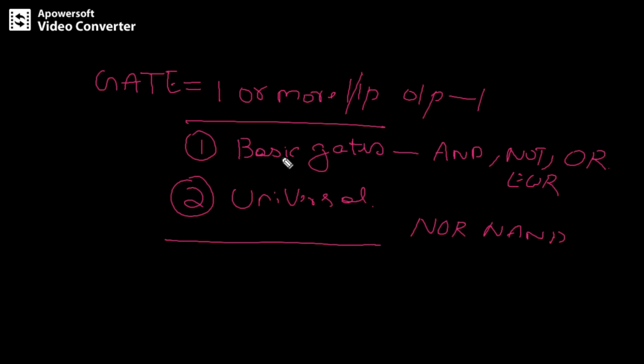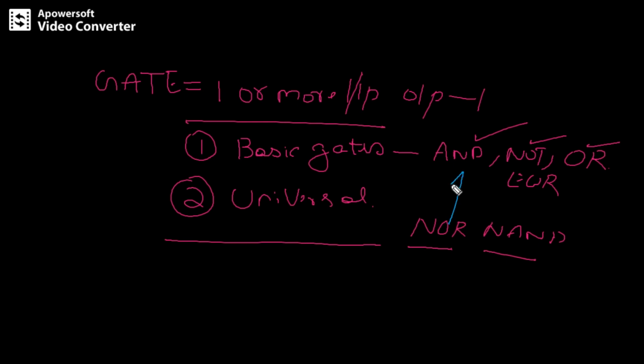So what is the difference between basic gates and universal gates? Basic gates can perform simple functions. Universal gates are those gates by using which we can implement other functions. Like I can implement AND, NOT and OR by using both NOR and NAND.